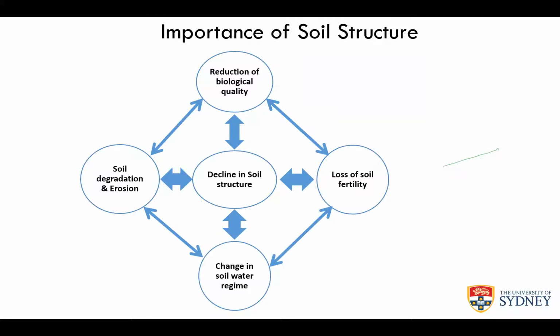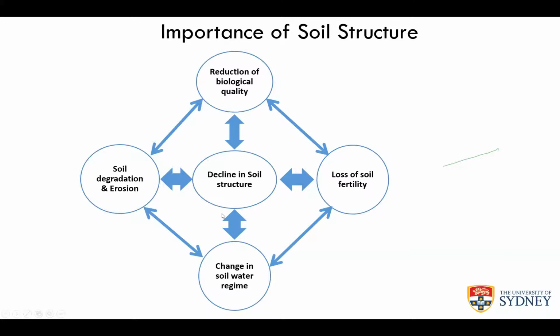So these aggregates will in turn help to protect the organic matter or the carbon from being oxidized by other microbes. The one thing about the importance of this aggregate or soil structure is that if you don't have a good soil structure, then you'll have a loss of fertility.